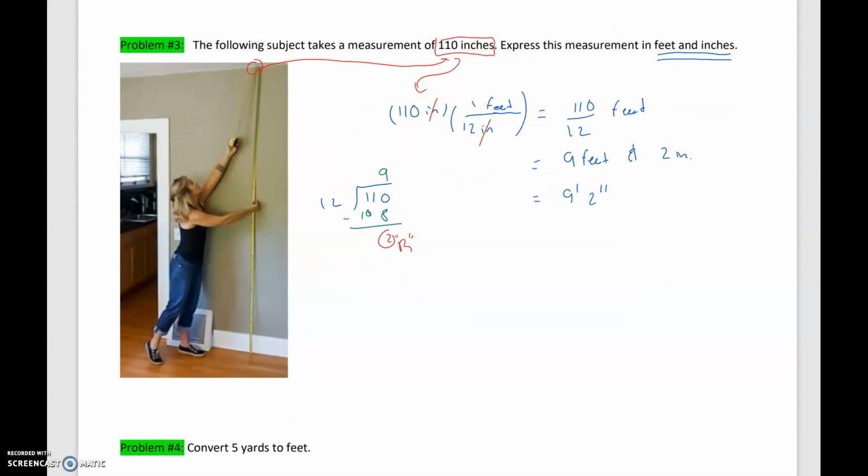So let me just say that total measurement is 9 feet and 2 inches on this one.